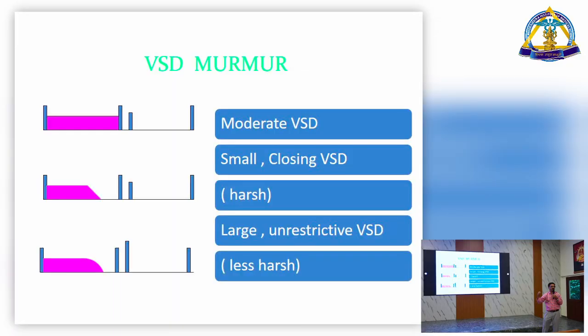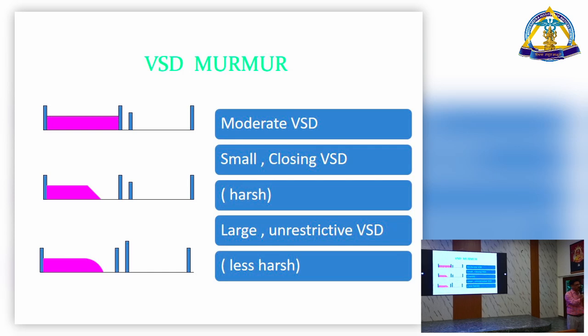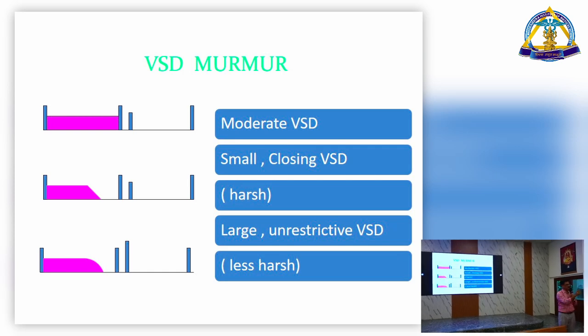When you are writing the VSD diagnosis, you have to say whether it is a small VSD or a large VSD. How are you going to identify? When you have a small ventricular septal defect, the difference between the right and left ventricular pressure is large because the defect is small. So blood is rushing through the small hole.